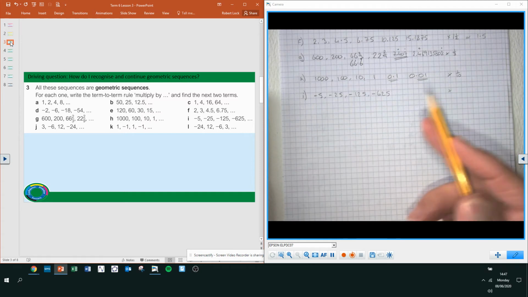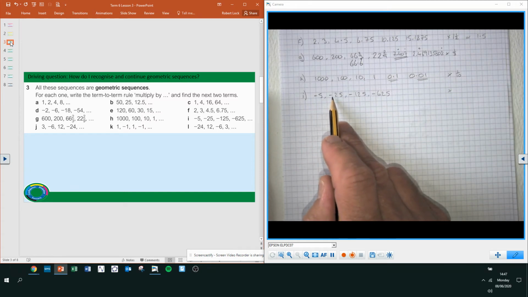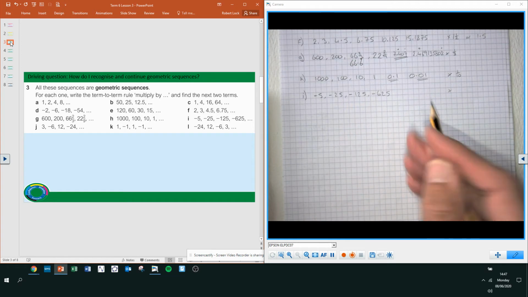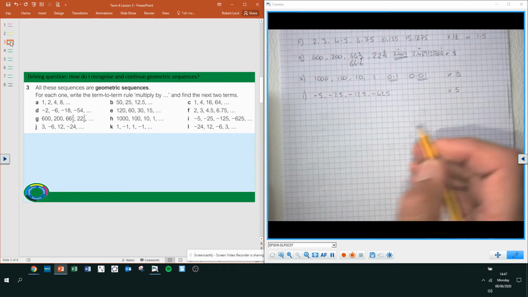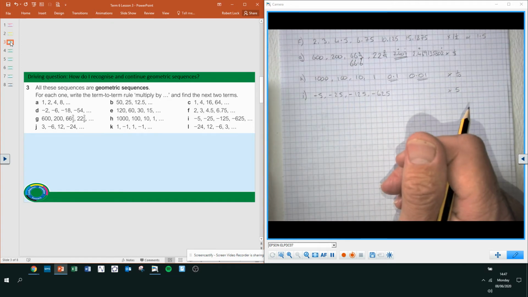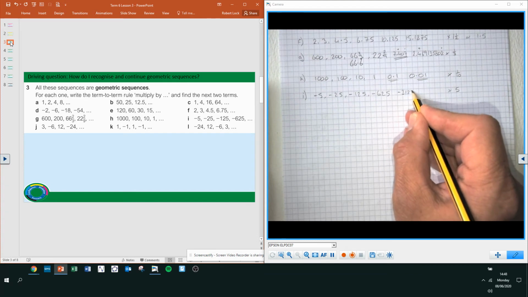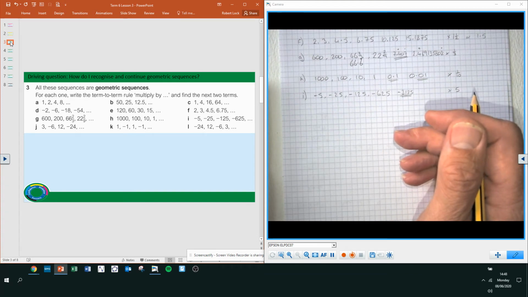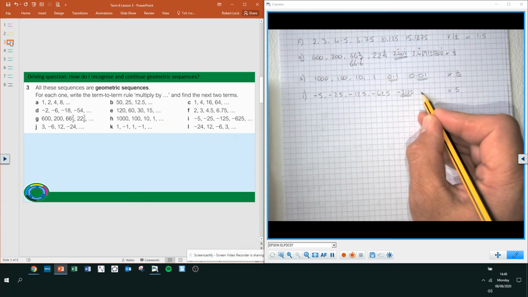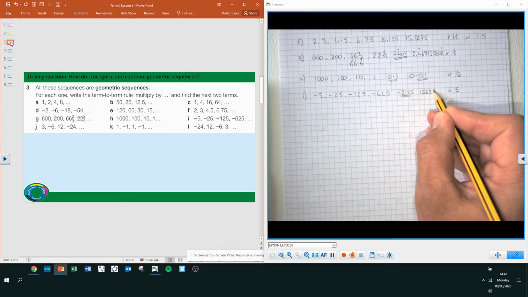Because minus 5 times 5 is minus 25. Minus 25 times 5 is minus 125. So it'd be times by 5. So the next one for 625: 625 times by 5 would be minus 3125. Times by 5. The next one will be 15625.